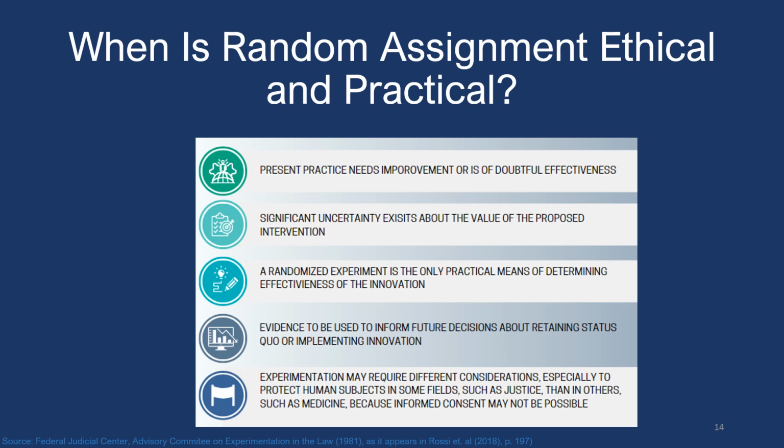If we're not sure about our program's direction of outcomes and impact, a random assignment approach may be appropriate. Similarly, if significant uncertainty exists about the value of the proposed intervention, a random assignment approach may be appropriate.